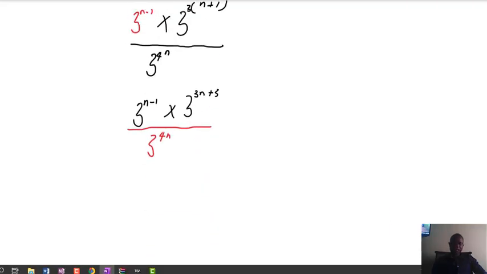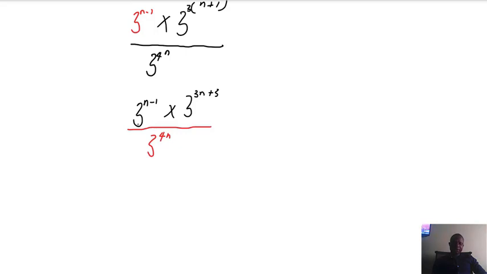When you look at the numerator, because the bases are the same, we have the base 3 here and the base 3 here, it means that we can add the exponents. It's just like having a exponent n times a exponent m. Because the bases are the same and there's a multiplication sign between them, we just write one of the bases, then we add the exponents, which is going to be n plus m.